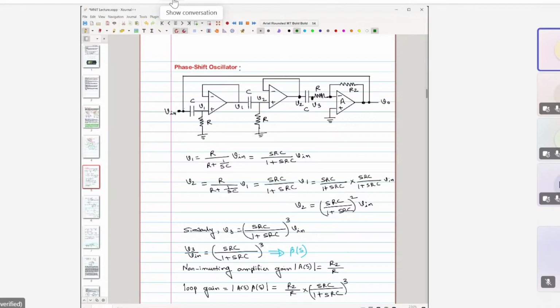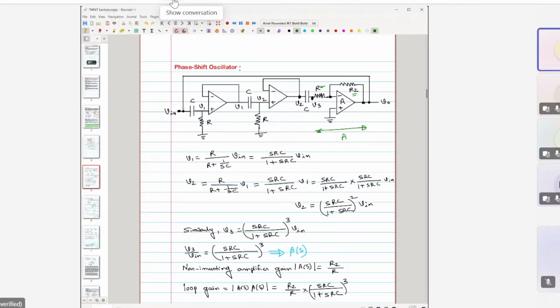And I hope that you have recognized this part of the circuit. What is this part? This is that inverting amplifier part, having feedback resistance R2 and series resistance R1, right? So this is the amplifier A part.